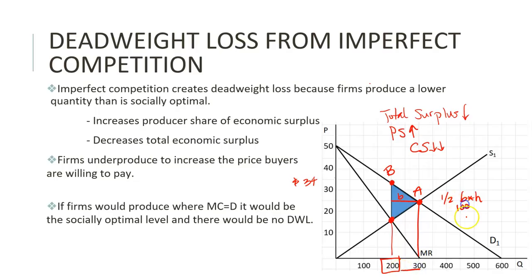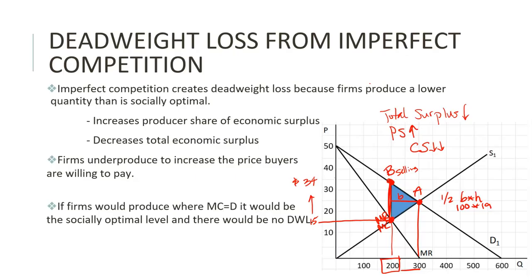So we have 100 for our base. And then height is going to be this distance here between the selling price and the marginal revenue or marginal cost at that same quantity. So in this case, it looks like this is about 15. This is apparently 34, so we'll just say 19.